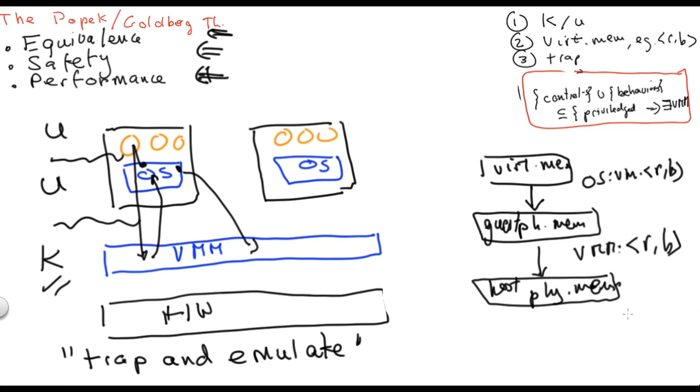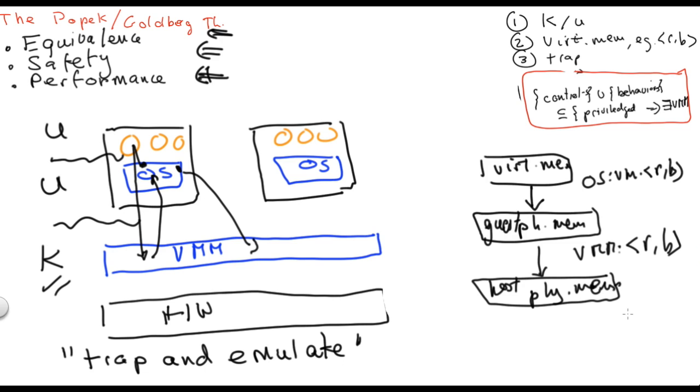And so the virtual machine itself has two parameters that are not visible to the virtual machine, not defined in the architecture, but maintained by the VMM. And those are the address in host physical memory of guest physical location 0 of each virtual machine, and the size in guest physical memory of each virtual machine.